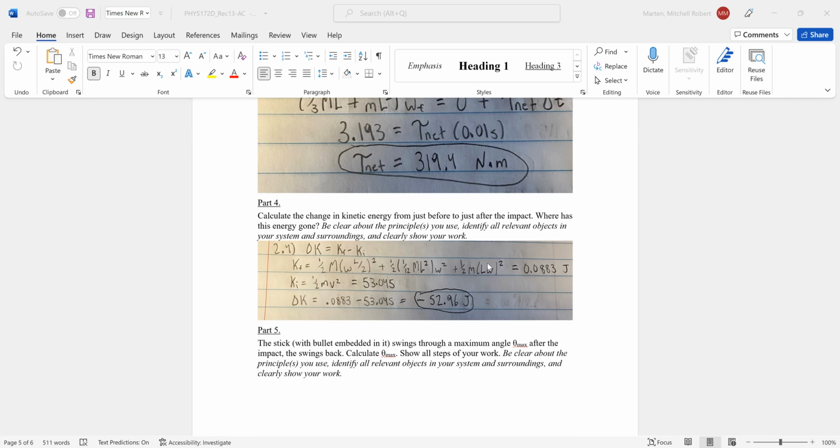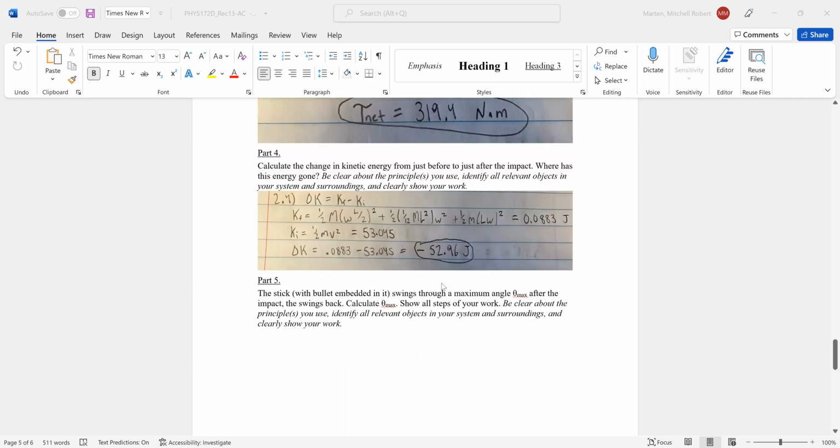So I basically just substitute all these factors in, and find that this final kinetic energy is really small. It's 0.0883 joules. And then the initial kinetic energy is just the bullet, because that's the only thing moving before it hits. And then you just subtract them and find that delta K is negative 52.96 joules. Did you guys get that?